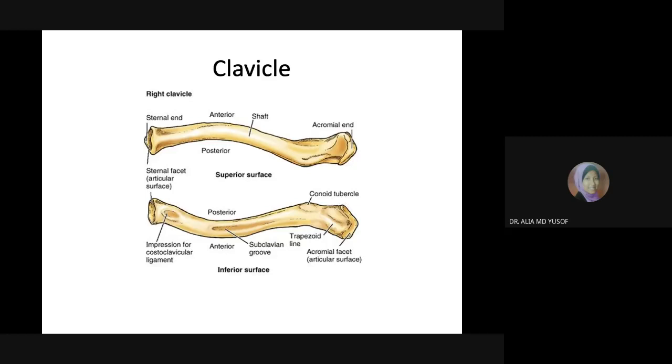So pelvic mak tak boleh nak muatkan lagi bahu baby. So the doctor will usually just flap the clavicle, patahlah. Bila patah, bahu tu boleh curve little bit, then the diameter will reduce.